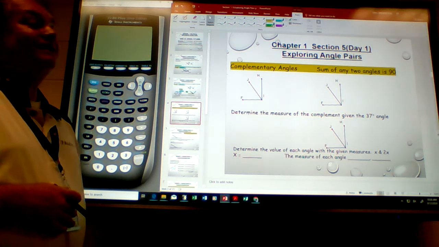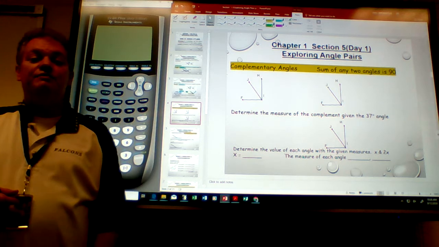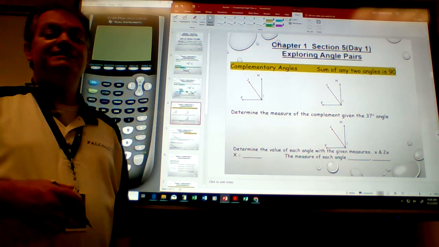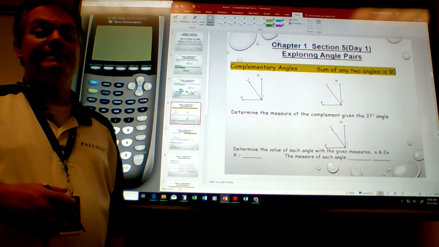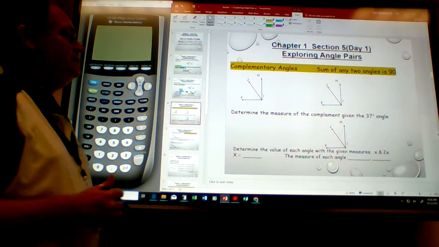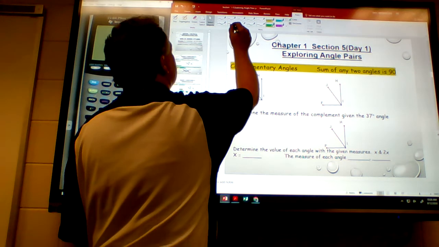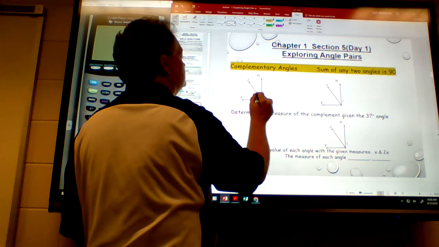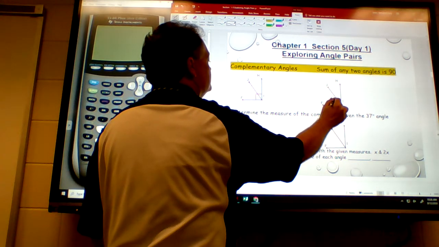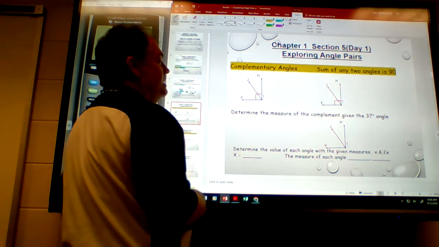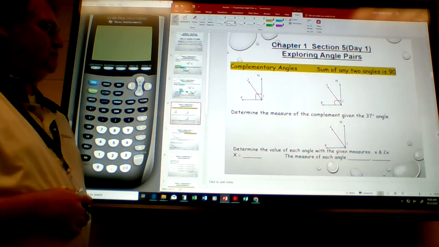Next, we're going to talk about complementary angles. Now, when two angles are complementary, that means that their measures add up to 90 degrees. In other words, they form a right angle. So, if you look right here, both of these angles are going to form a right angle. Now, let me show you something real quick.